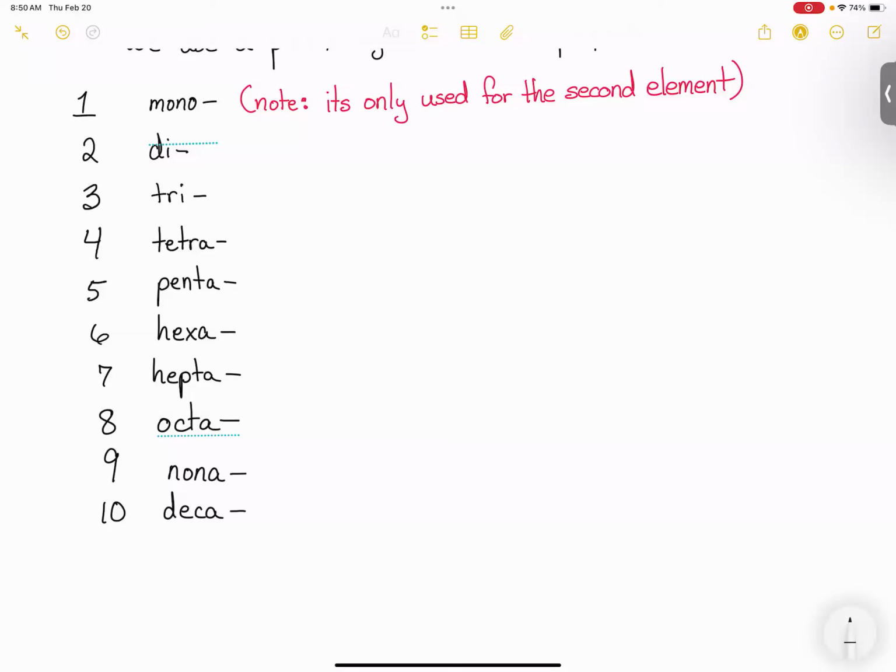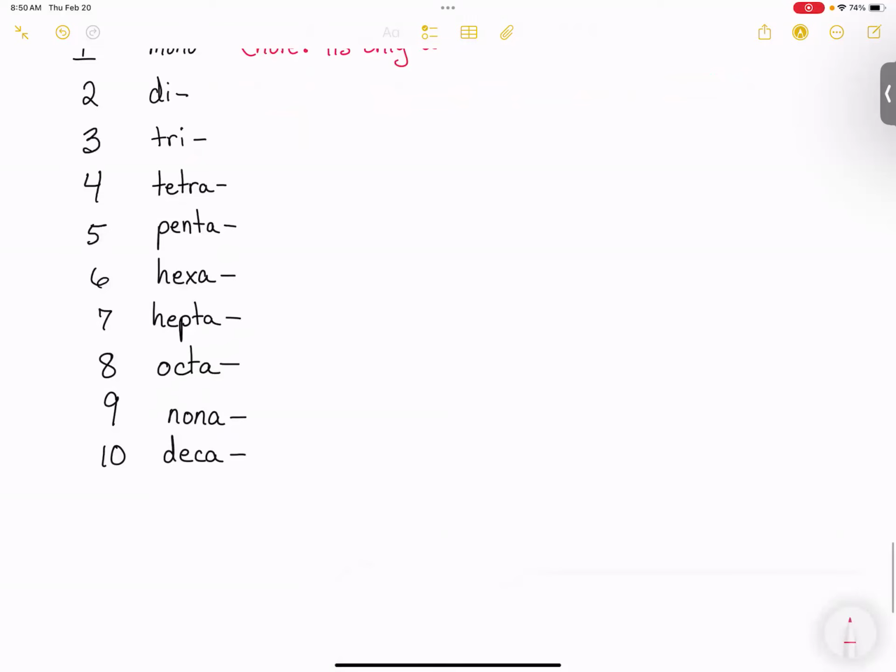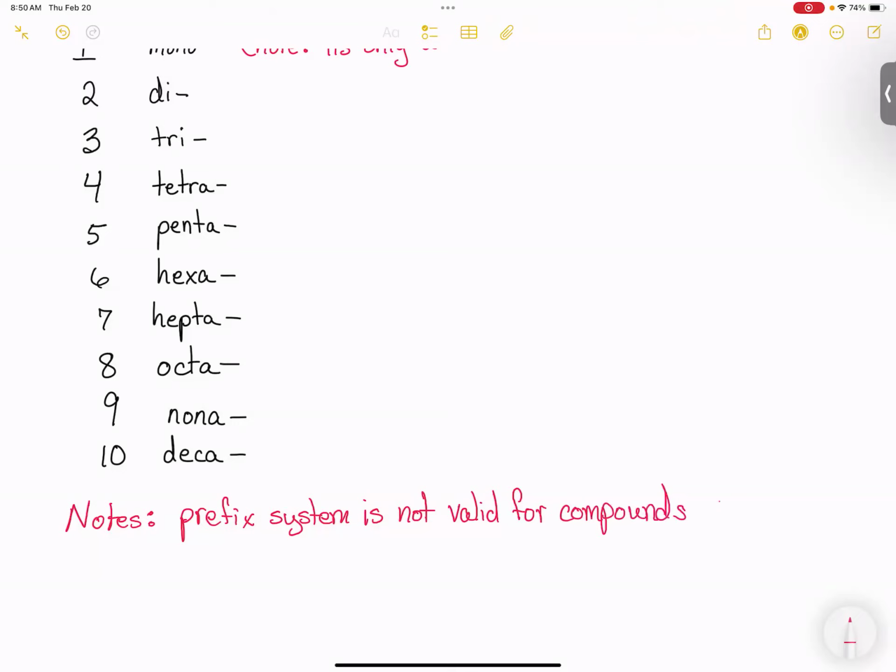Now, some more notes. The prefix system is not valid for compounds other than these binary covalent molecules.